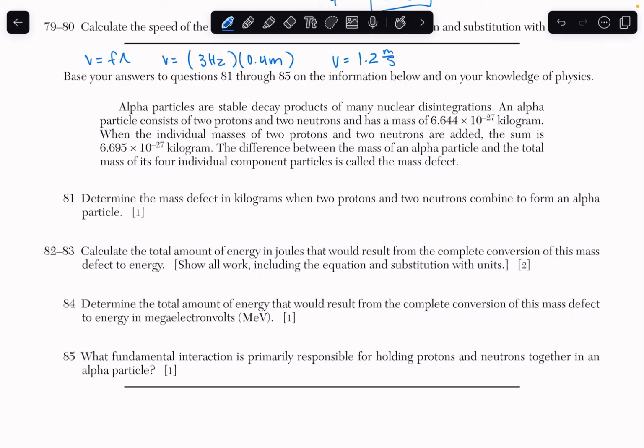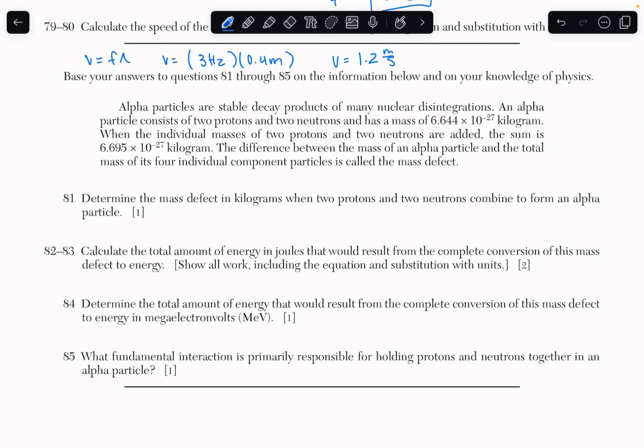When the individual masses of 2 protons and 2 neutrons are added, the sum is 6.695 times 10 to the negative 27th kilogram. The difference between the mass of an alpha particle and the total mass of its 4 individual component particles is called the mass defect. Question 81: Determine the mass defect in kilograms when 2 protons and 2 neutrons combine to form an alpha particle.